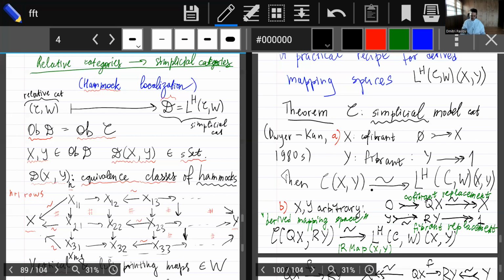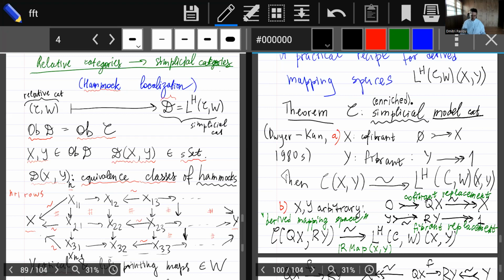And the advantage of model categories: if you have a model category and it satisfies some additional condition of being, say, a simplicial model category, or more generally, an enriched model category will do.